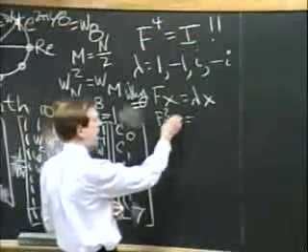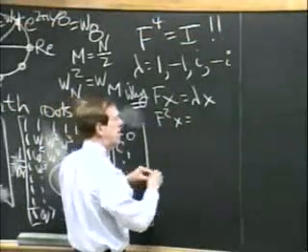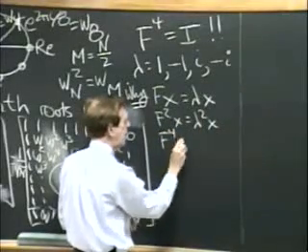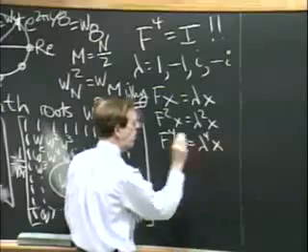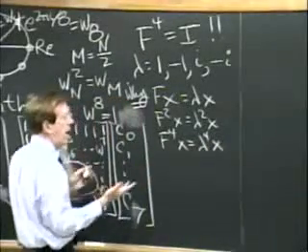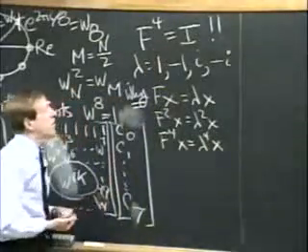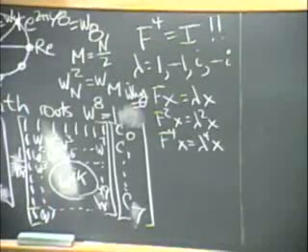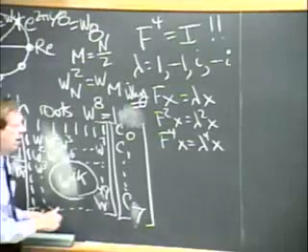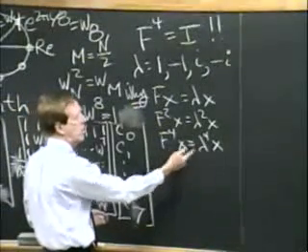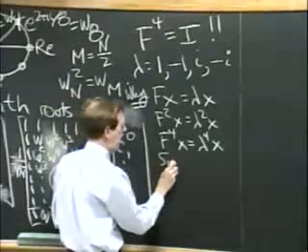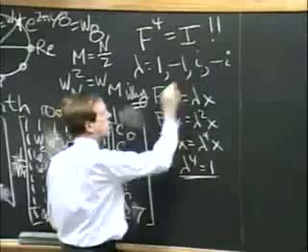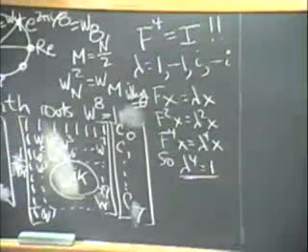Because it would be lambda Fx, but the Fx is another lambda x, so I'd get lambda squared x, and then let me jump to F to the fourth x. I would learn that that was lambda to the fourth x. But now, if I have this incredibly special situation where the fourth power has come around to the identity, then this would be x. So lambda to the fourth has to be 1. And if lambda to the fourth is 1, those are the only 4 possible lambdas.